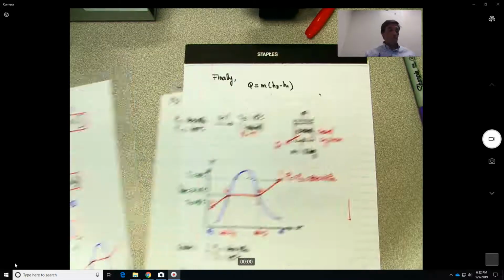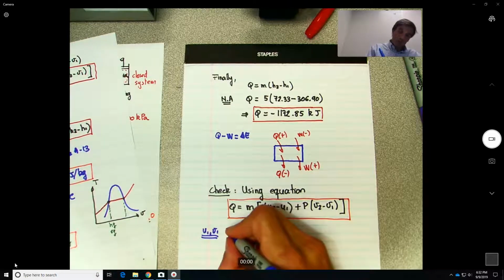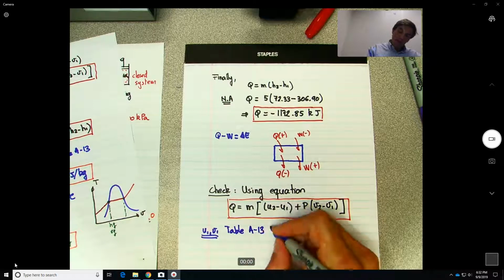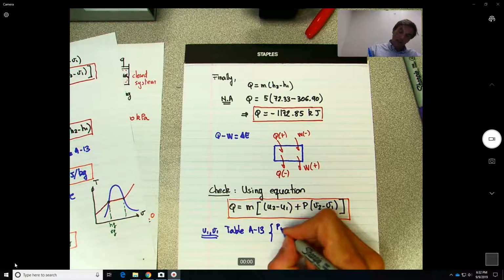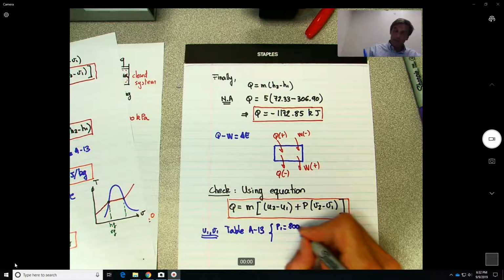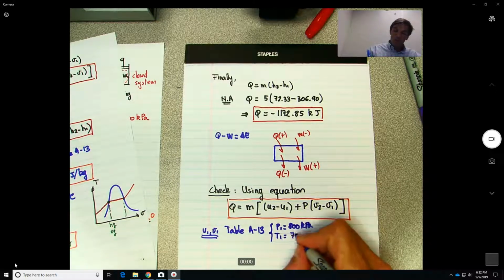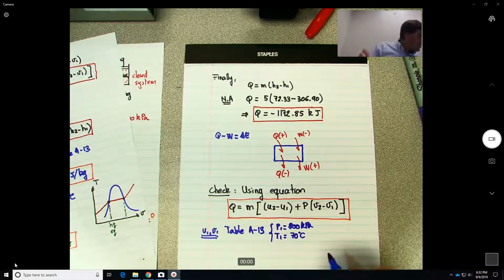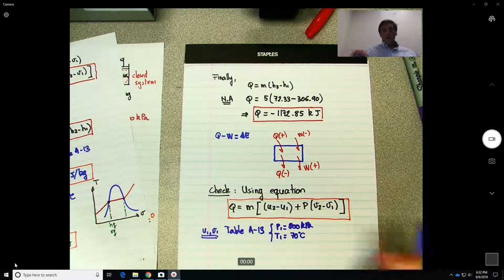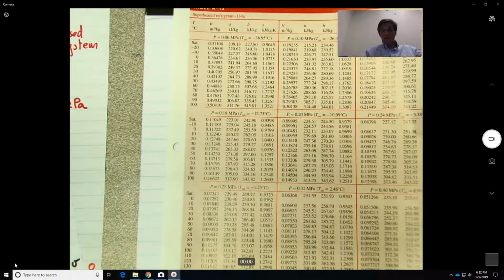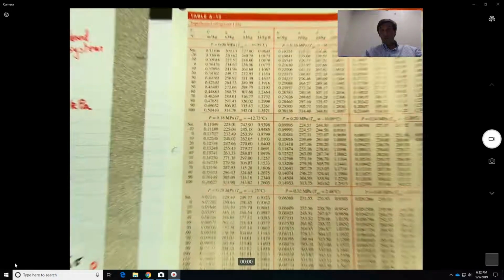So we probably need to go to table A13 again, at P1 equal 800 kilopascals and T1 equals 70 degrees Celsius. So table A13, we need to look at 0.8 megapascals.